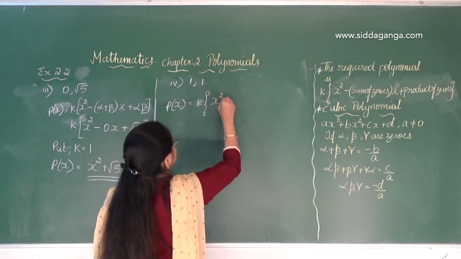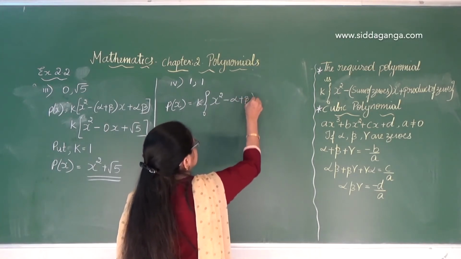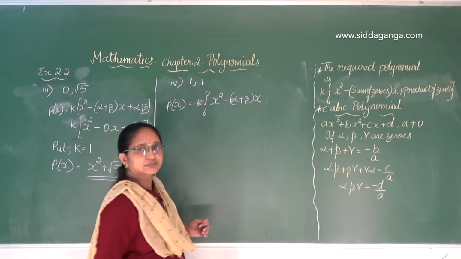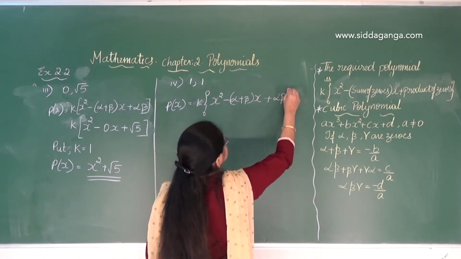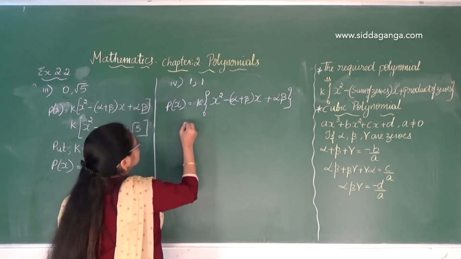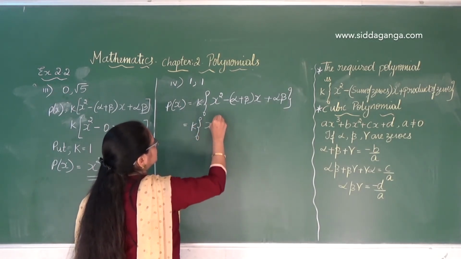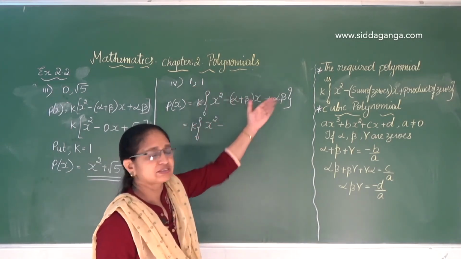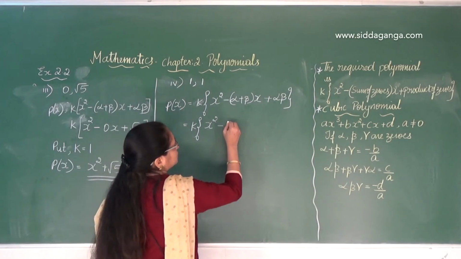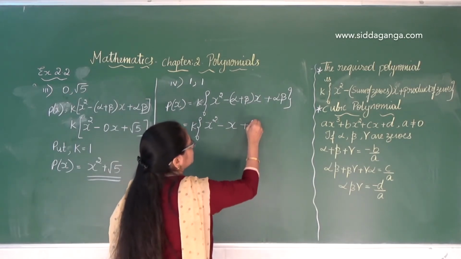x square minus sum of the zeros into x plus product of the zeros. Now, alpha plus beta is 1, alpha beta is also 1. So, 1 into x, I will write only x, plus 1.